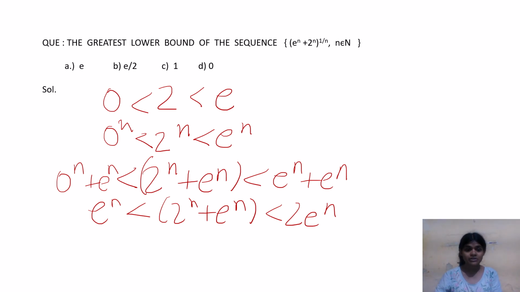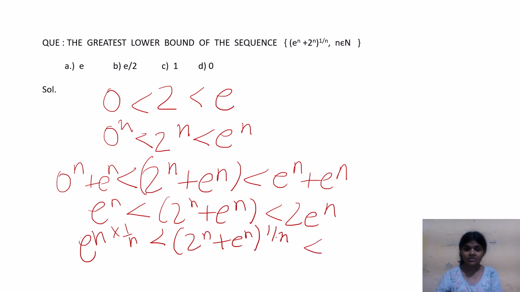Now we will take the power 1 by n on all the sides. (2^n plus e^n) to the power 1 by n is less than 2e^n to the power 1 by n.